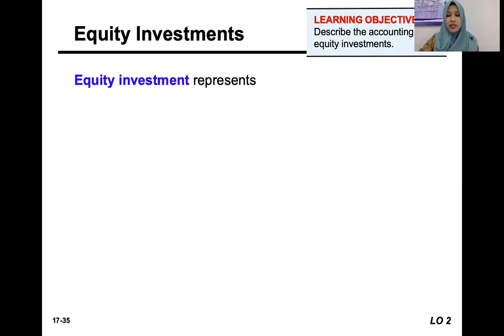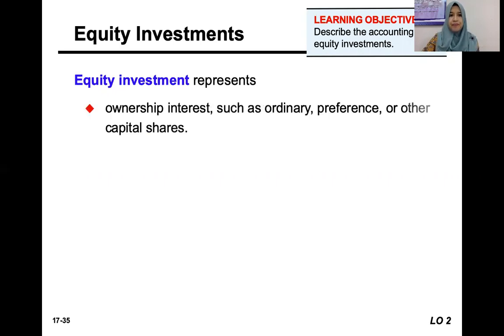So basically, equity investment is when our company buys other companies' shares. So we become the shareholders of the other company, which represents ownership interests, whether we buy ordinary shares, preference shares, or other types of shares of another company.